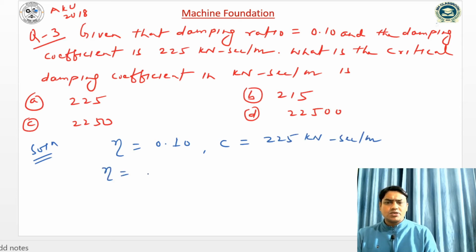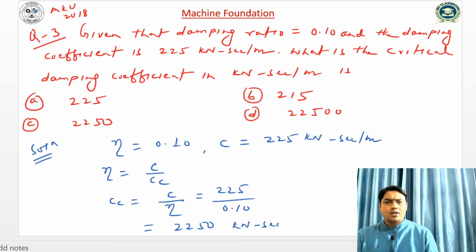Damping ratio is the ratio of actual damping to critical damping. So the critical damping is equal to the actual damping divided by the damping ratio. So it will be 225 divided by 0.1, which is 2250 kilonewton second per meter. So option C is correct.